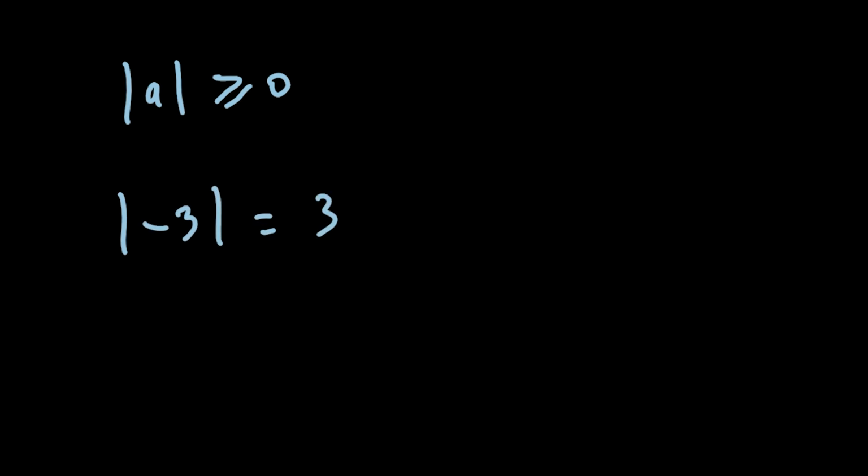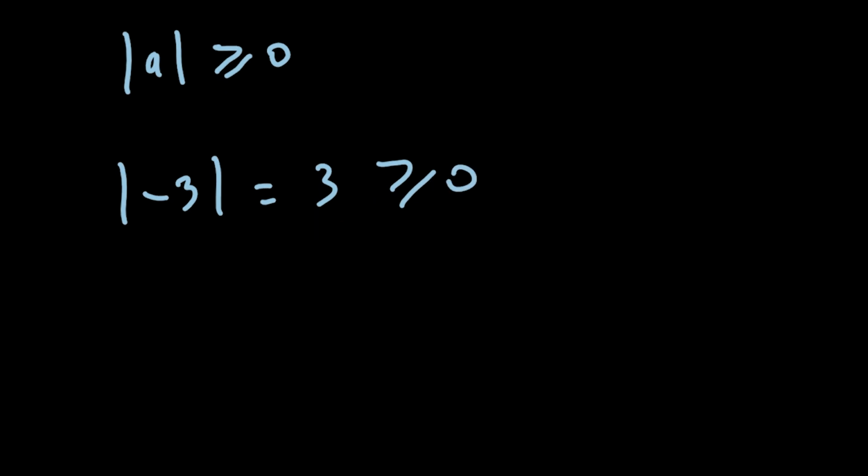Let's see the properties of absolute value. When we have the absolute value of a, it is greater than or equal to 0. For example, the absolute value of minus 3 equals 3, and that number is greater than or equal to 0. This is the first property.